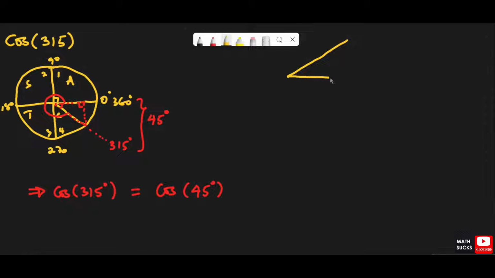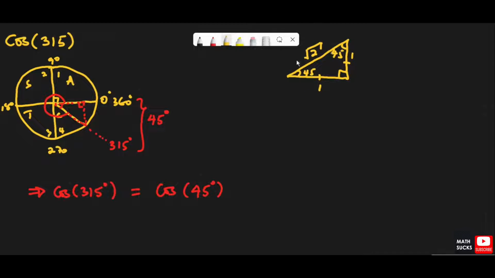If this is 90, then this is going to be 45, and this is going to be 45. In such a scenario, it's assumed that this side is 1 and this side is 1, and the question is what's the hypotenuse.